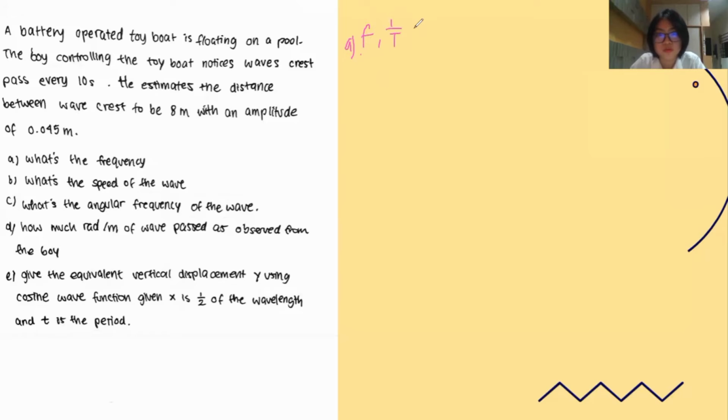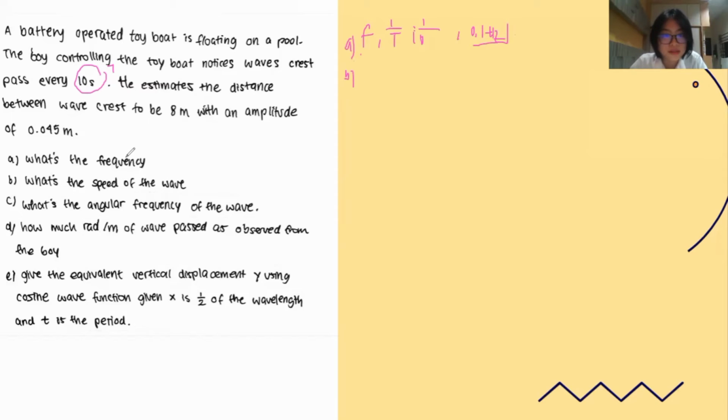It's 1 over period. And the period, as you can see here, is the time here, okay? So that is T. So it is 1 per 10. What is 1 per 10? It means it's 0.1 hertz. Okay, that's for A.